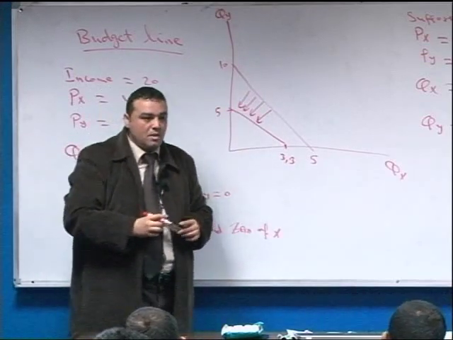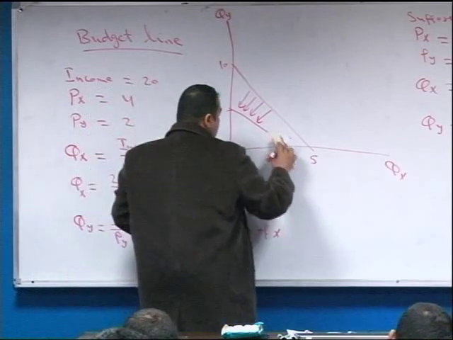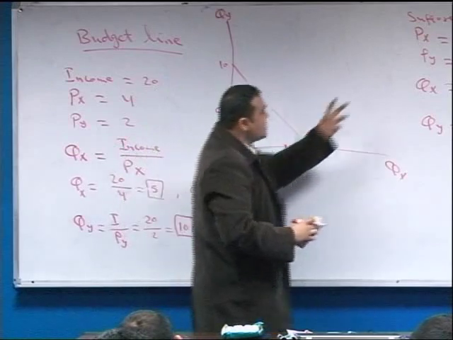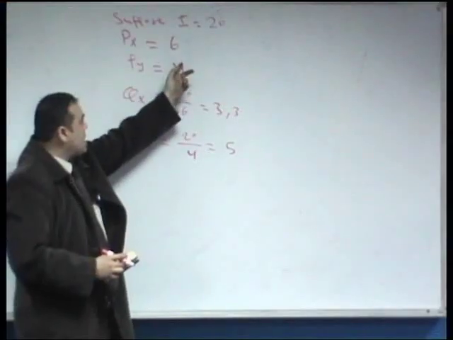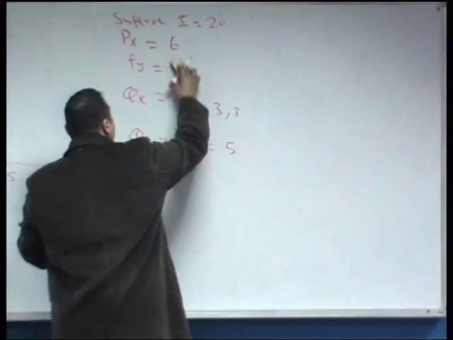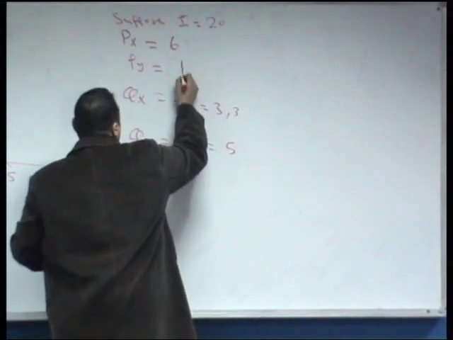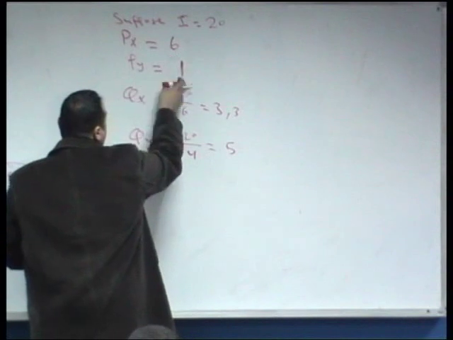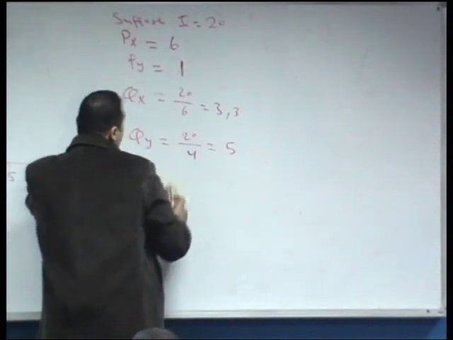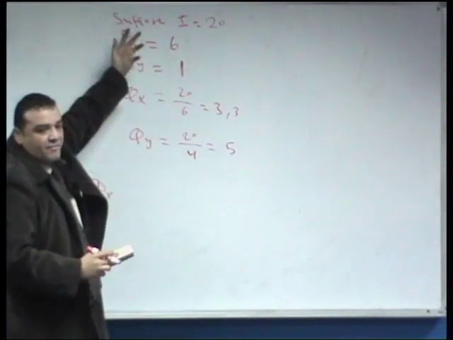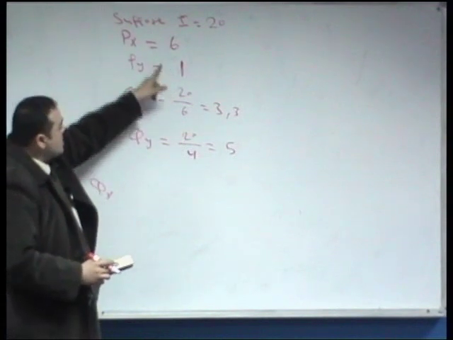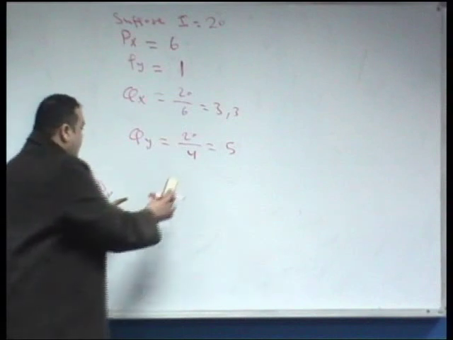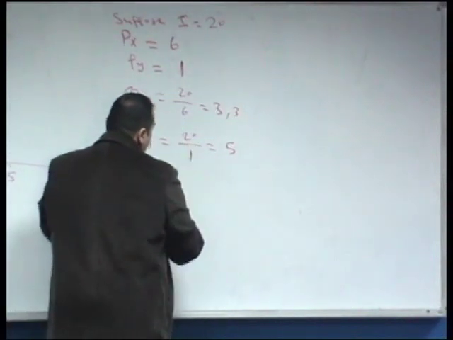So there is a leftward shifting of the budget line. Right? Okay. Let us assume that the price of x increased to 6 and the price of y declined to 1. The price of x is now 6. The price of y declined to 1. The income for sure remains constant. 20 over 6 equals 3.3. 20 over 1 equals 20.